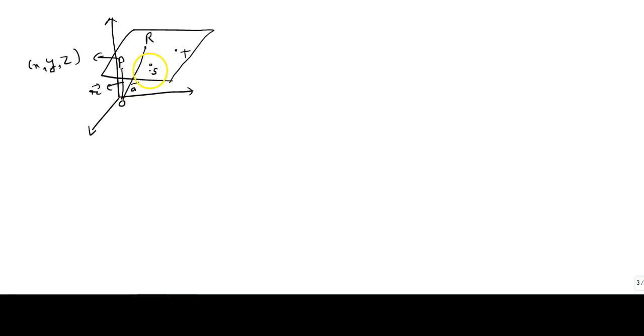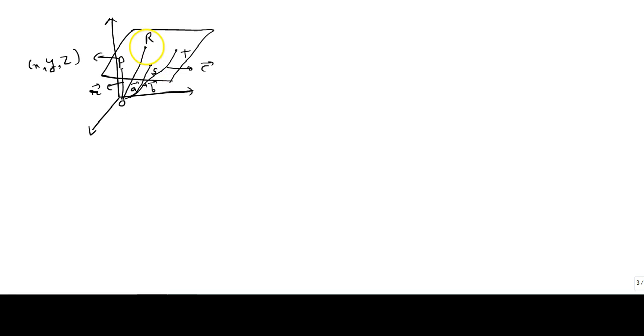If I join S, say this is my B vector, and if I join T, say this is C vector.